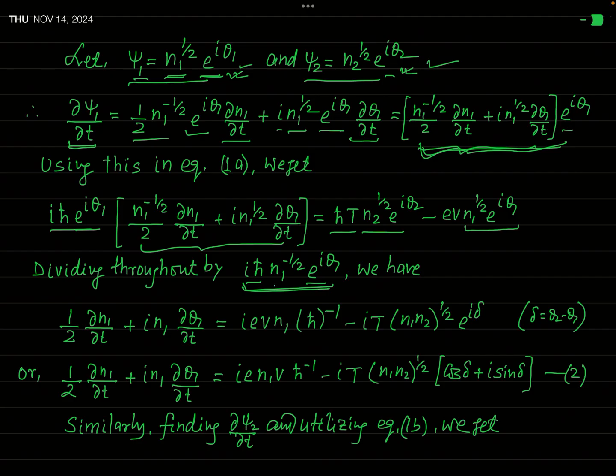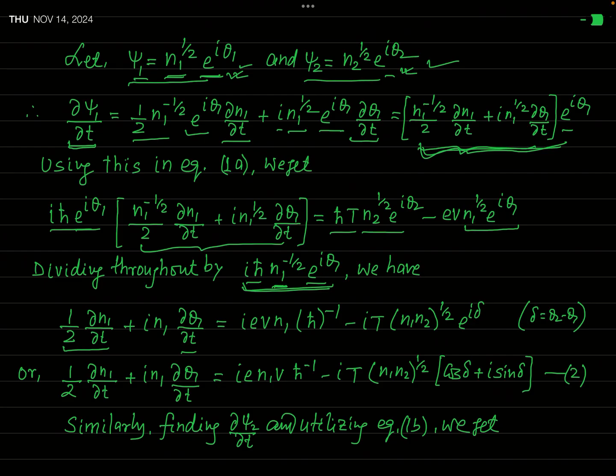Only the factor N1^(-1/2) will remain, and the terms inside this square bracket will be divided by this factor N1^(-1/2). When you divide the bracketed terms by this, your result will be like this: 1/2 ∂N1/∂t + iN1 ∂θ1/∂t.